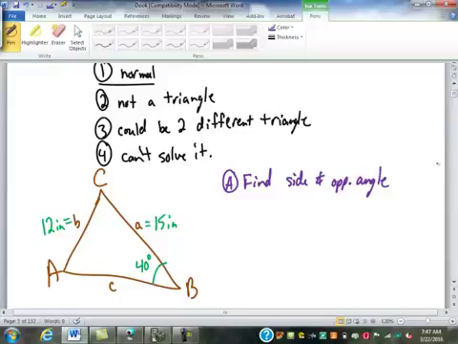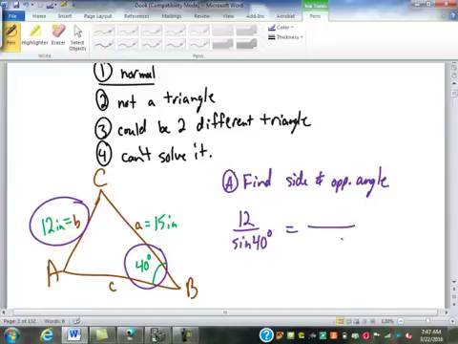Do we have a pair where we know the side and its opposite angle, or an angle and its opposite side? We've got B there. So that's going to be 12 over the sine of 40 degrees. Now the only other piece of information we have here is the 15 inches. That has to go on top because it's a side length.